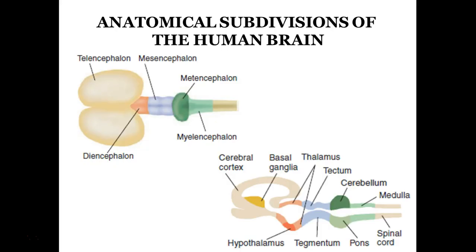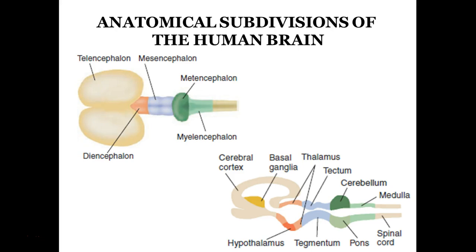That area of the brain swells up with that fluid, and this condition is known as hydrocephalus. Now these are the diagrams for the neural development of the brain. The names we have already discussed: telencephalon, diencephalon, mesencephalon, metencephalon and myelencephalon. As you can see in the diagram, the telencephalon and diencephalon regions result in the formation of the cerebral cortex, basal ganglia, hypothalamus and thalamus, the major parts of the forebrain.